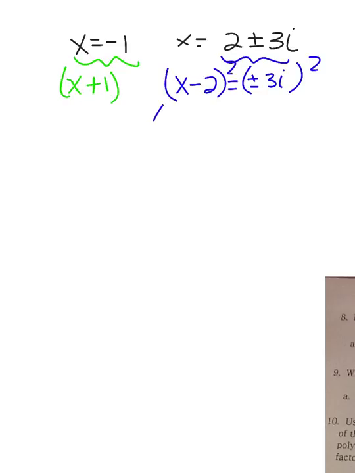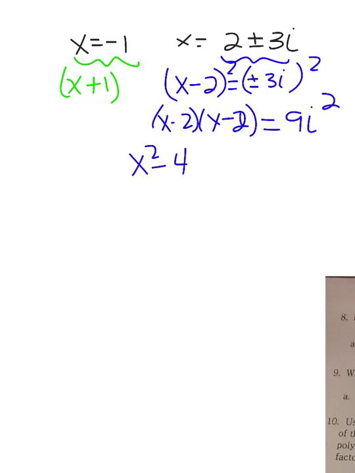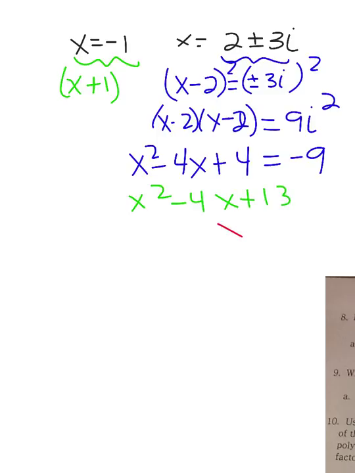So when I square x minus 2, I get x minus 2 times x minus 2 equals 9i squared. So when we double distribute, we get x squared minus 4x plus 4 equals negative 9. I have to add 9 to both sides, so I get x squared minus 4x plus 13. All right, now I need to multiply that by x plus 1. All right, so we will distribute.